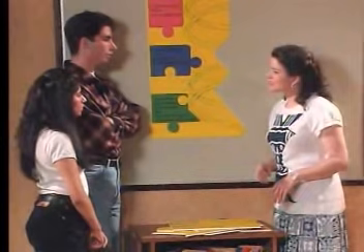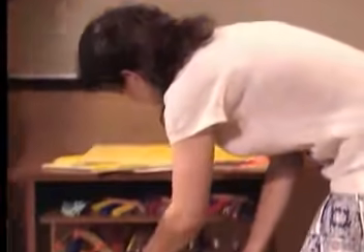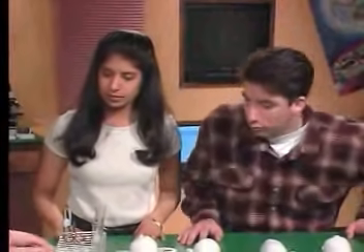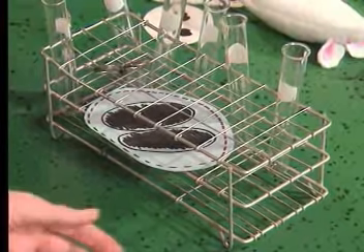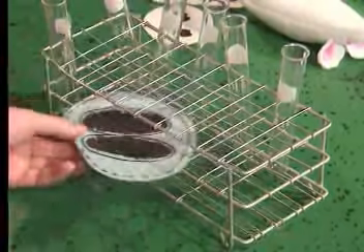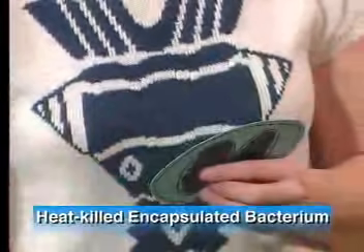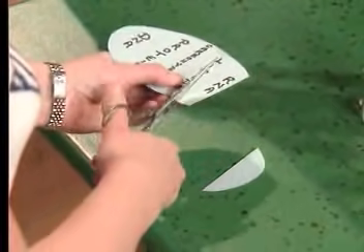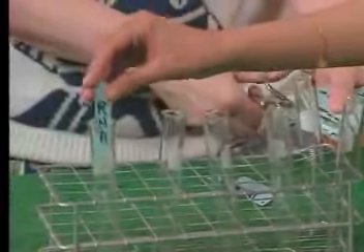Let's go to the table and we'll simulate their experiment. Okay. Here is a heat-killed encapsulated bacterium. Just cut this up into its component parts. While I'm doing that, Benaz, if you could put these labels in the test tubes.